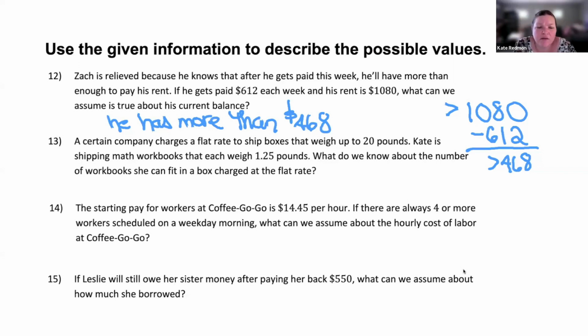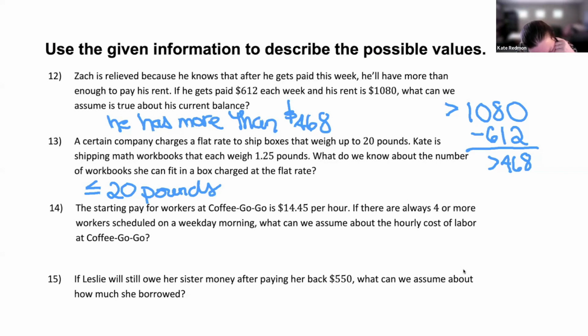Let's see. The box can weigh up to 20 pounds. So that means it's okay for it to be less than 20 pounds or for it to equal 20 pounds. But we're not talking pounds. They want us to figure out the number of workbooks she can fit in a box charged at the flat rate. Well, let's see. Each one of the workbooks weighs the same amount.